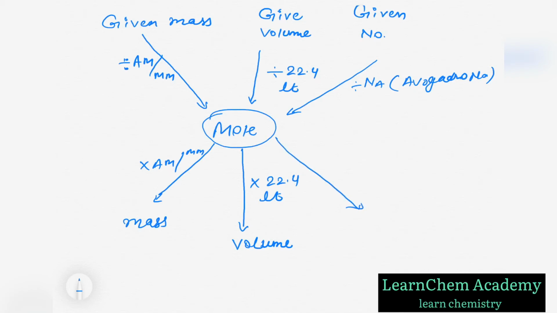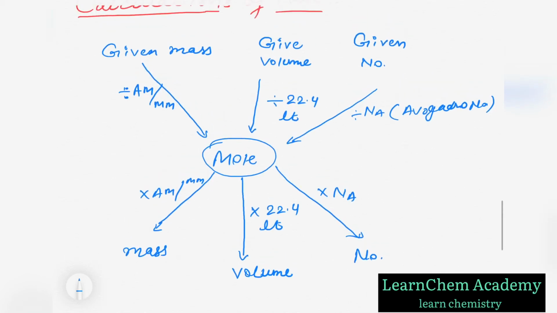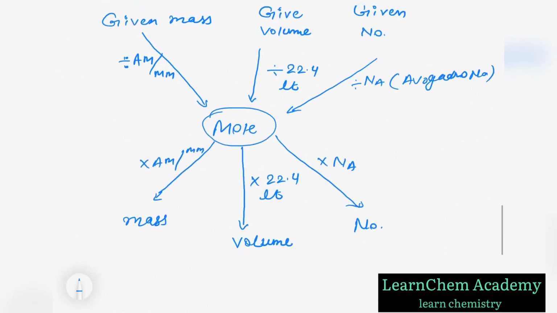If we want to calculate number from given moles, we have to multiply the moles by Na. Okay, so this is the simple structure by which we can calculate number of moles by given mass, given volume, given number. And if we want to again calculate mass, volume and number, we just multiply by their coefficients.